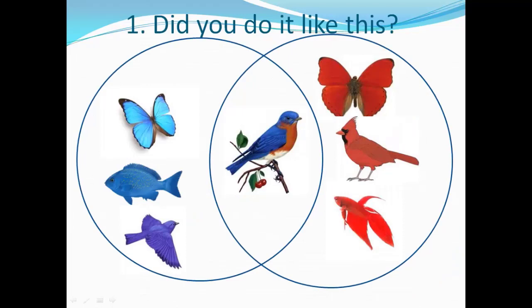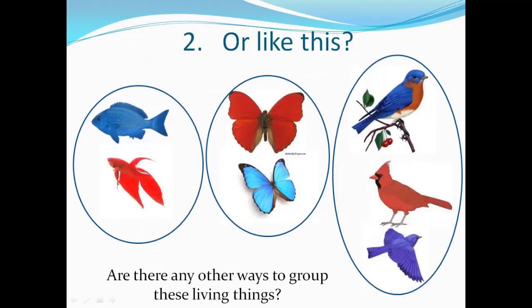In the first picture, some birds and some water animals are mixed together. In the second picture, the water-living animals, the butterflies and the birds are in different groups. So this is the way we can classify these animals into different groups, according to their characteristic features.